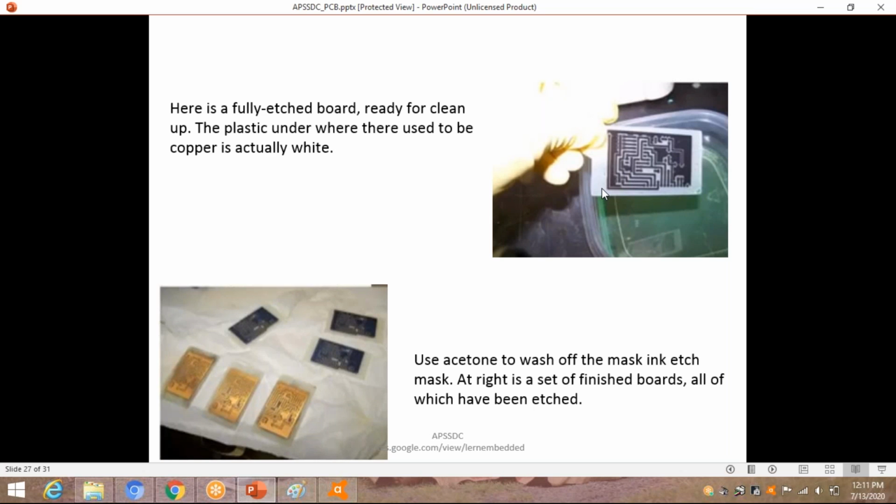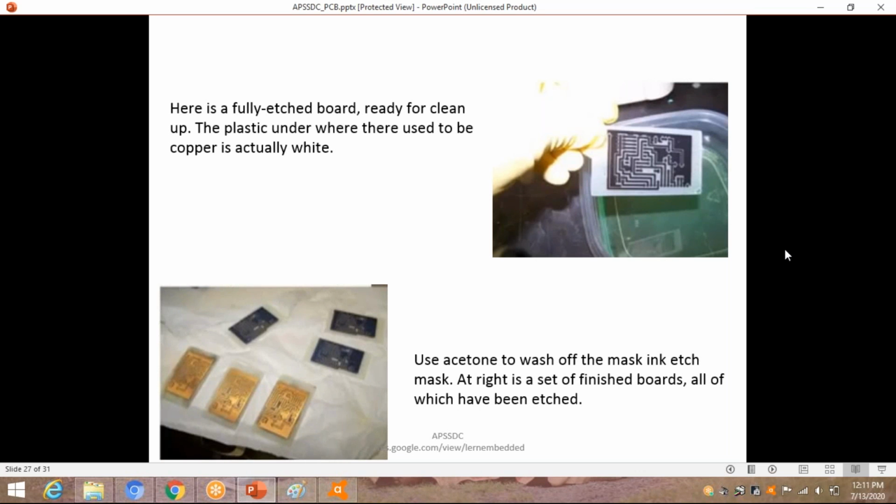Use acetone for cleaning. After etching, you need to use acetone and a scrub to clean the board. Tomorrow I will show you some of the pictures, and if possible I will show you a video. Is it clear?